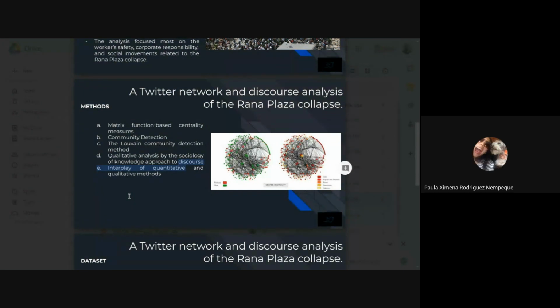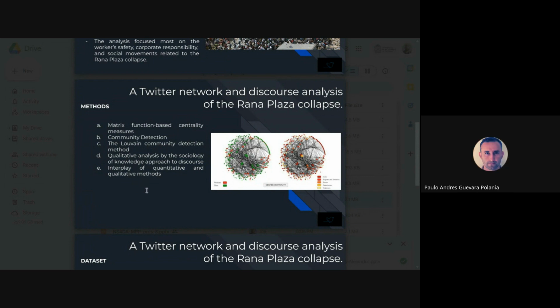The methods that the authors use in the paper are matrix function-based centrality measures, community detection using the Louvain community detection method, qualitative analysis by the sociology of knowledge approach to discourse, like Paulo said, and interplay of quantitative and qualitative methods.